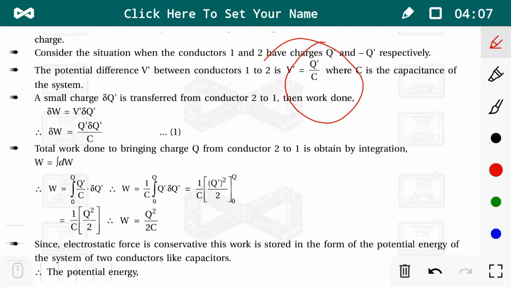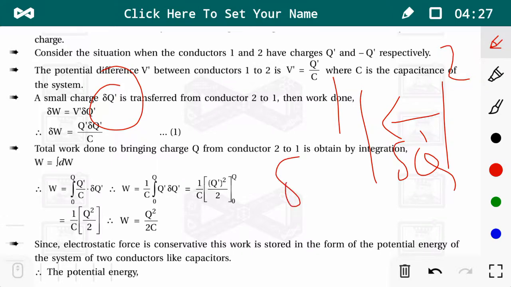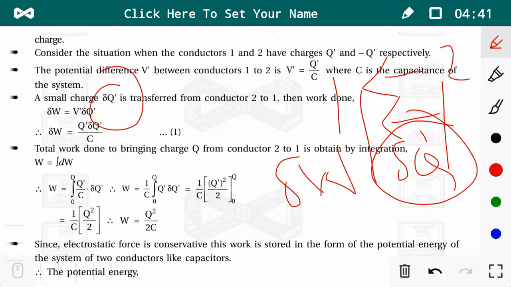And now assume that a small charge delta Q dash is transferred from 2 to 1. This one is 2 and this one is 1. So delta Q dash is transferred, and we are doing some work, and that is delta W. So delta W is the work done to send the charge delta Q dash from plate 2 to plate 1.